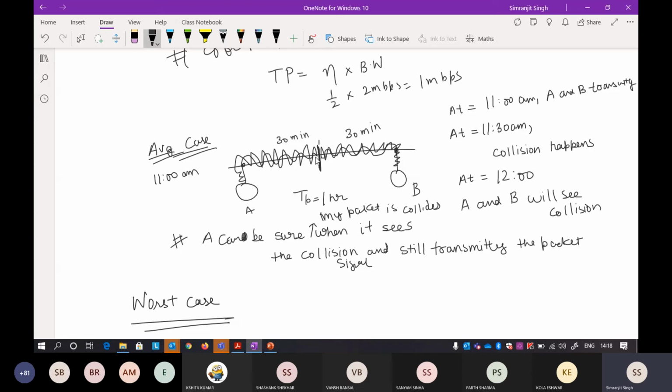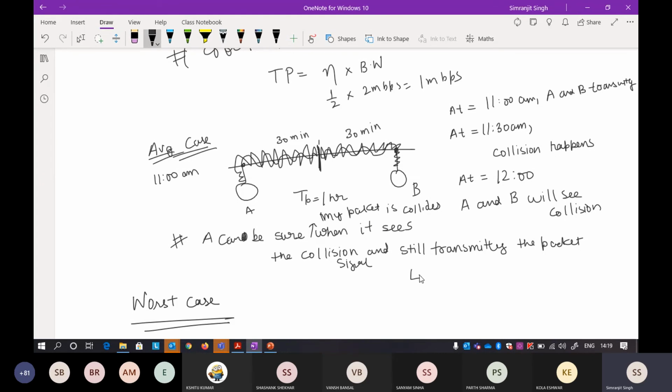So it got the collision signal but was still transmitting. Even after 1 hour, A was still putting the packet onto the link, and then it receives the collision signal. When that happens, station A will be sure that it has collided.